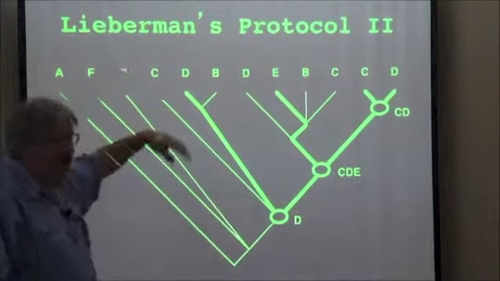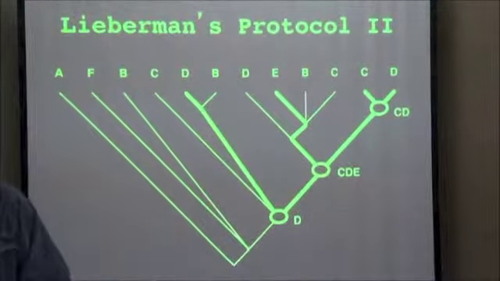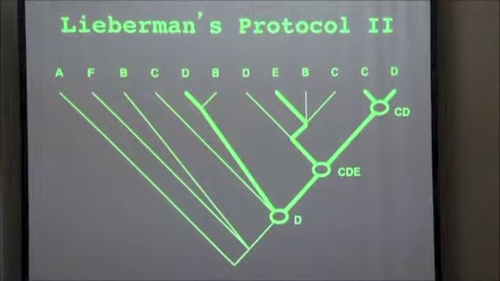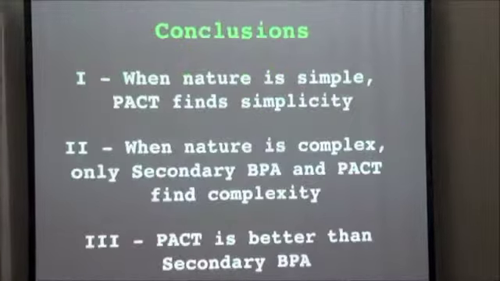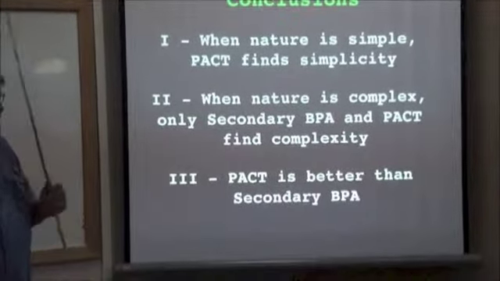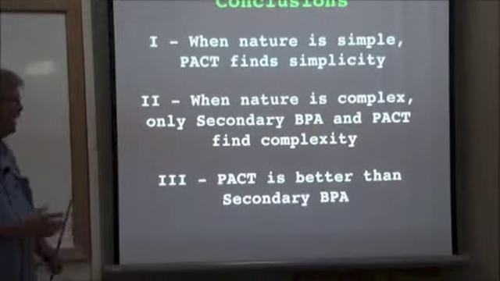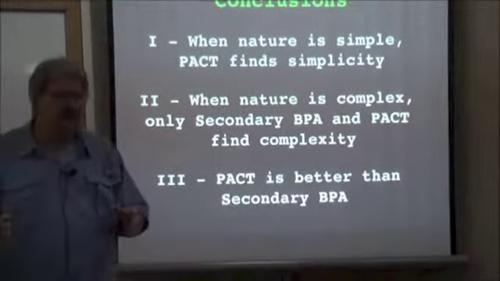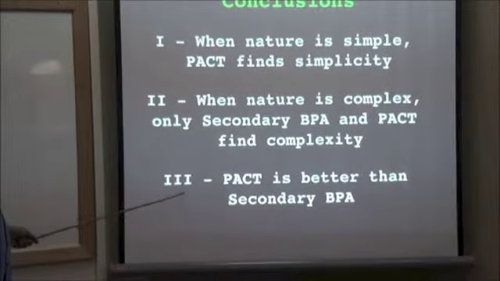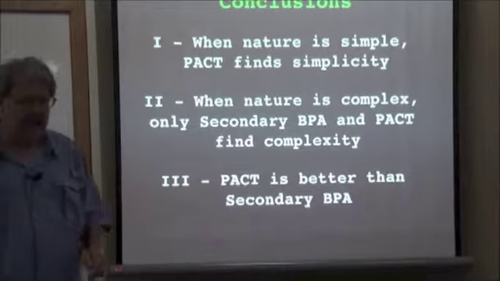And you can get all of that from a diagram that's based on using only 4 combination rules. So, when nature's simple, PACT finds simplicity just like everything else. When nature's complex, only methods that use the duplication rule are capable of finding the complexity, and of those, PACT is the best we have.